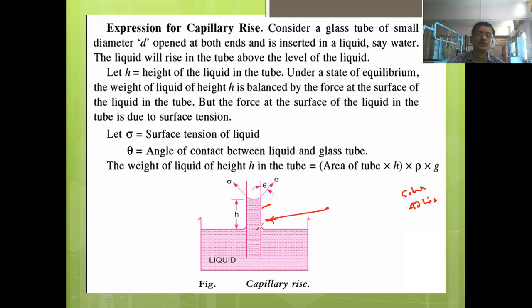So first of all, when this glass tube is inserted inside the water, there will be a formation of adhesive force at the surface where the water is present. This water will stick to the surface of the glass, and it will form a meniscus, this lower meniscus with a concave shape.